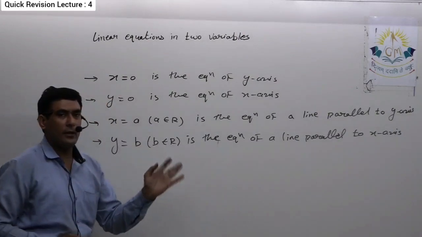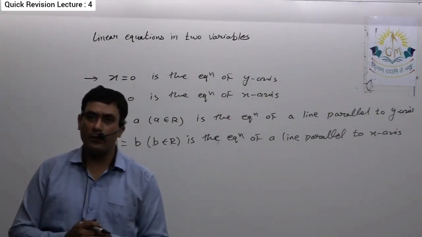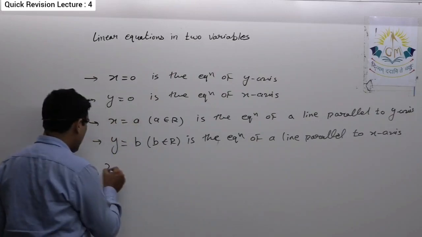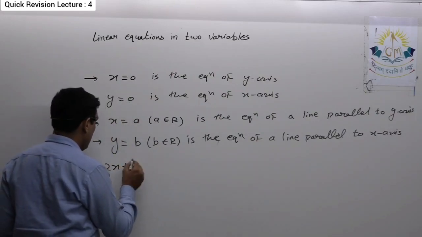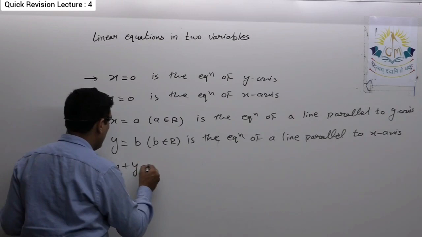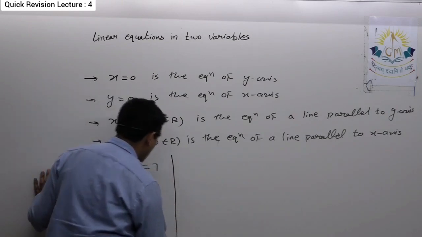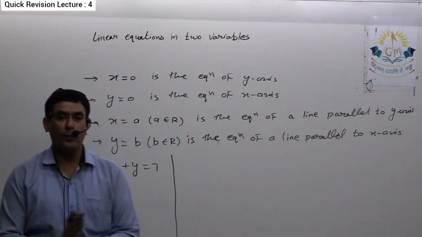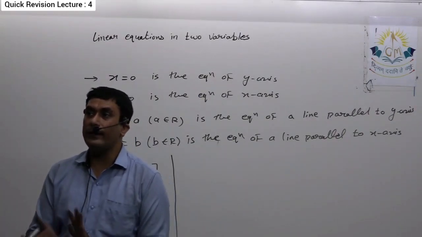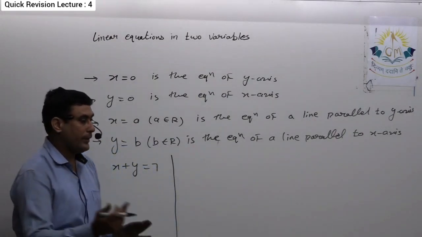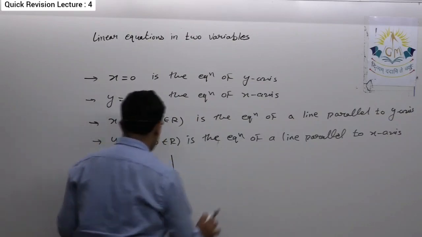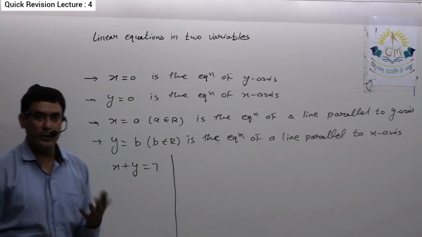If an equation is given and it is asked to draw the graph, what you have to do? Suppose we have an equation x + y = 7, and it is asked to draw its graph. Or suppose a graph is given and it is asked to identify which equation the graph represents. So first of all we have to find a minimum of 2 or 3 solutions.